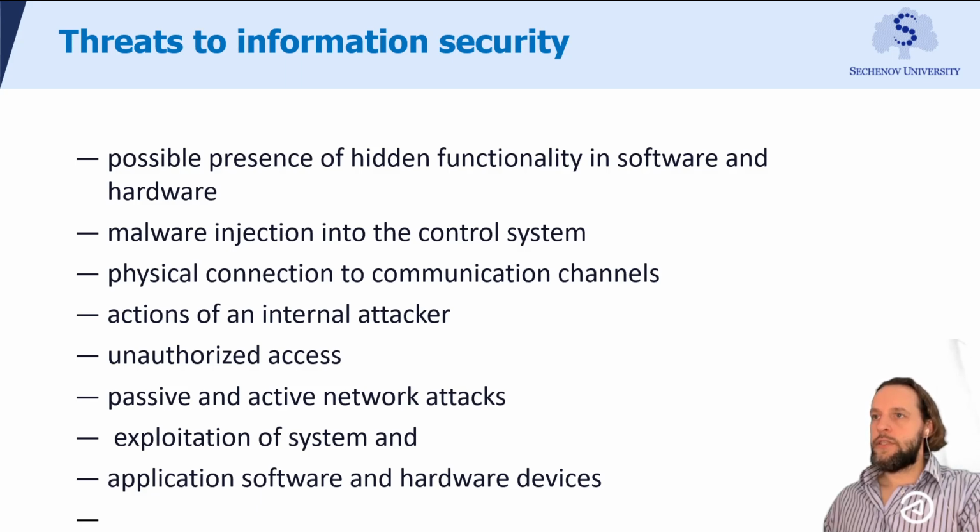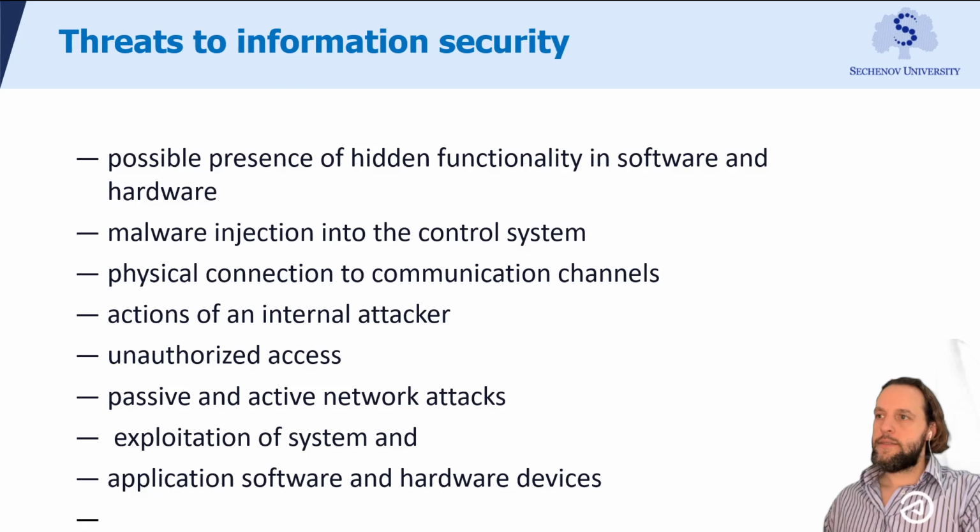Malware injections into your control systems, it's viruses basically of some kind like that. Physical connection to communication channels, it could be insertion in the lines of communications. Actions of the internal attacker, it's related to the actions of our own employees, for example, when they steal some files from the company or something like that.